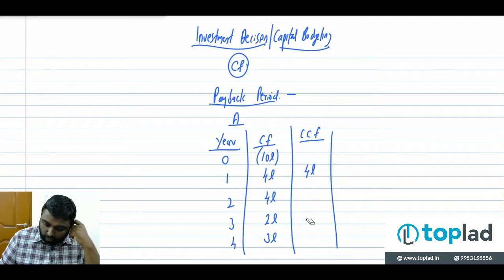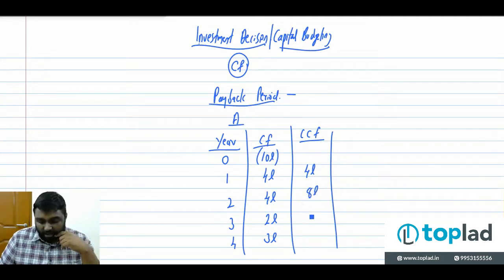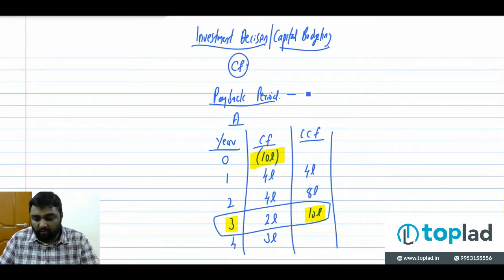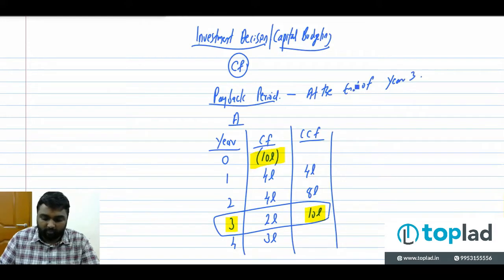Second year 4 plus 4 will become 8 lakh. Again 2 lakh, it will become 10 lakh. Our investment money is 10 lakh. We got the 10 lakh in year 3. So we call the payback period the end of year 3.